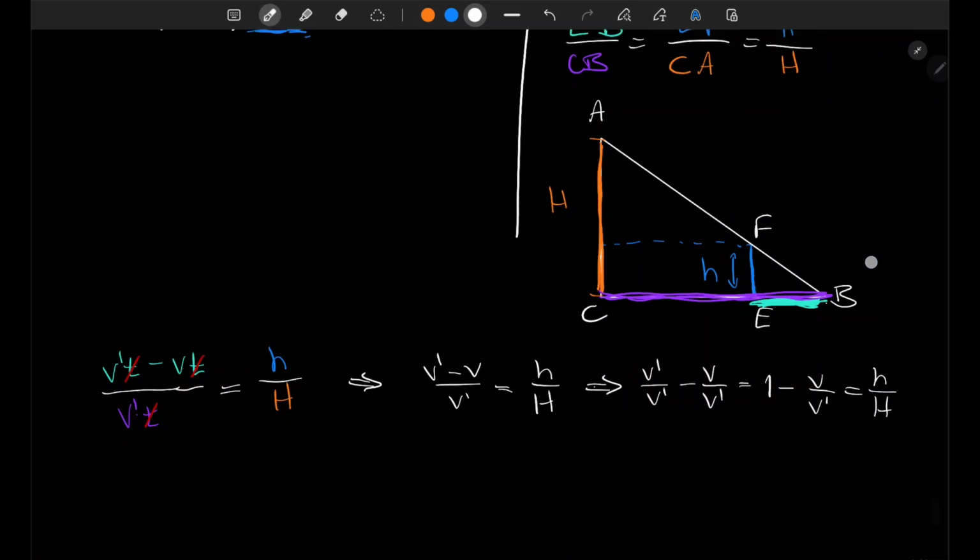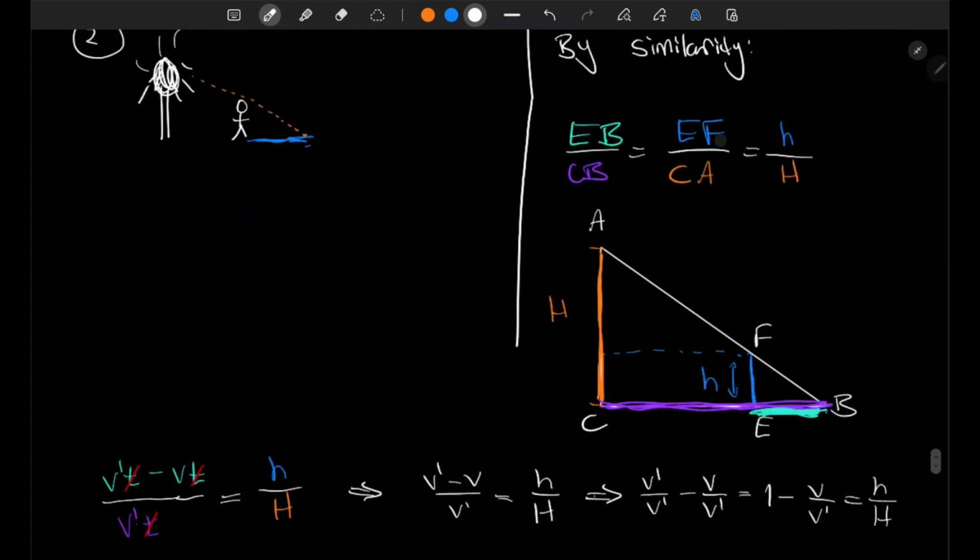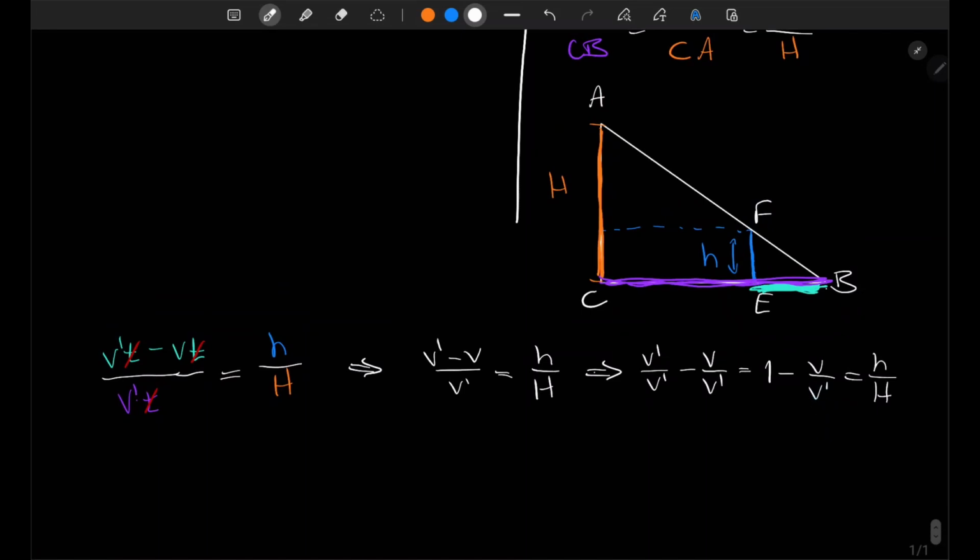The reason that I'm doing all of this is because it asks us, what is the speed of the shadow? The speed of the shadow is v prime. So right now I'm trying to solve for that v prime. Okay, well, I can add this guy over to the right and subtract this guy over.